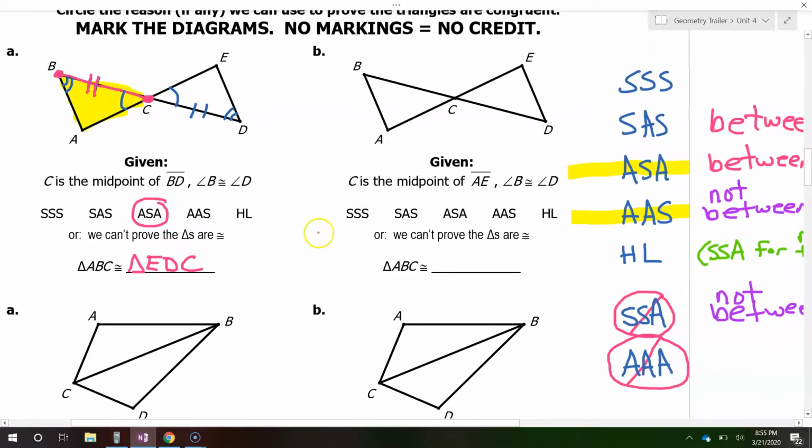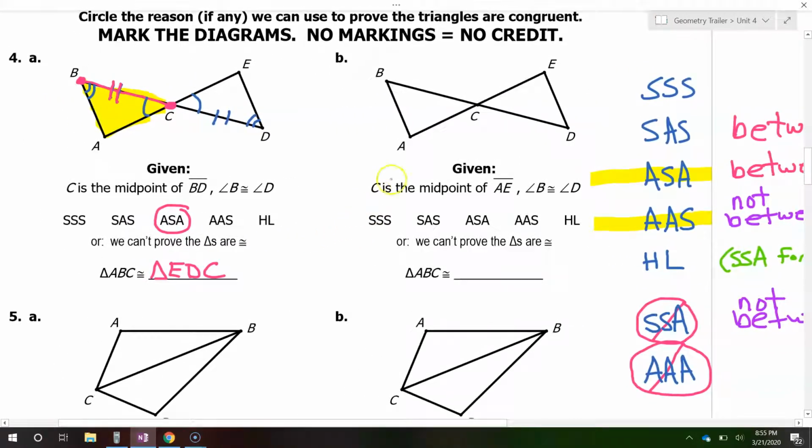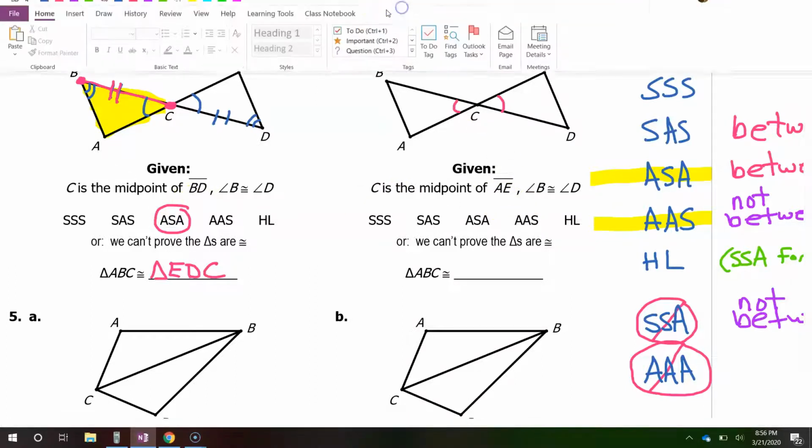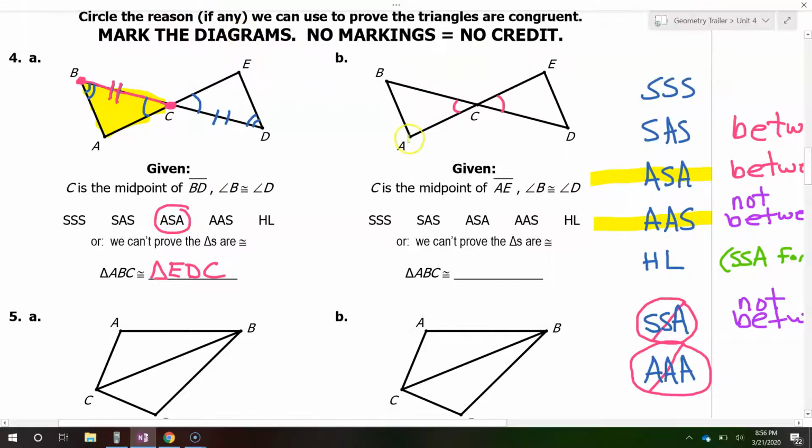Okay, moving on to number 4, part B. Again, we have the vertical angles, so let's get that out of the way. C is the midpoint of AE. That's different than before. AE this time. So notice here is AE.